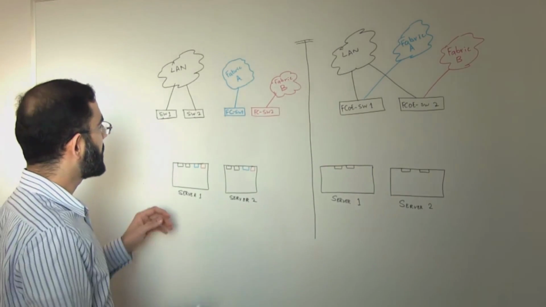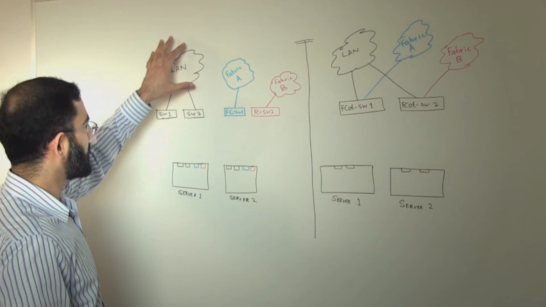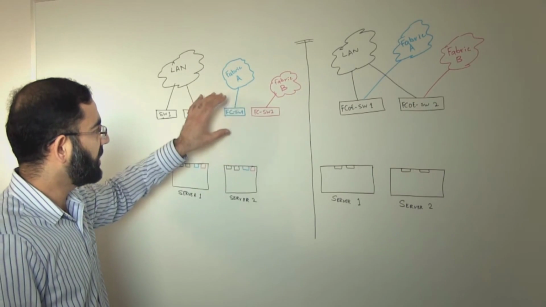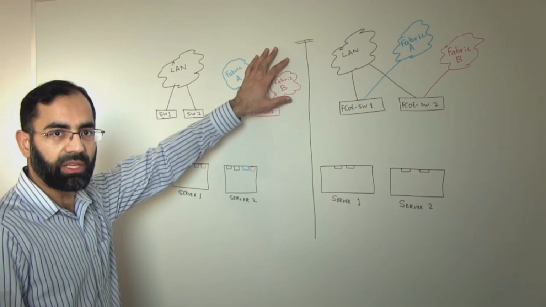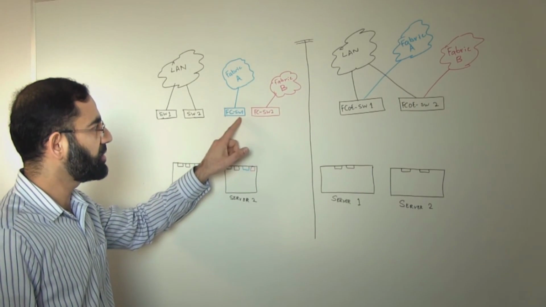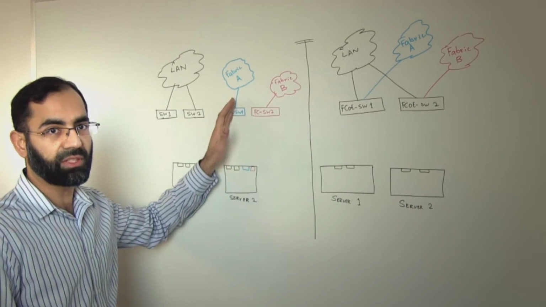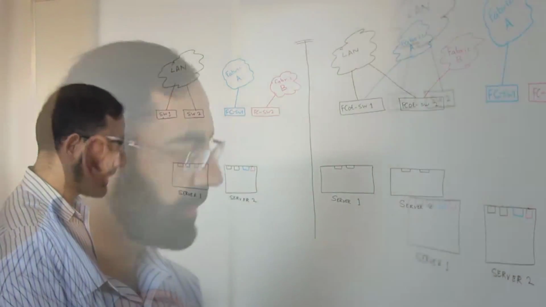So here are two servers, and then from LAN side you have two top of rack switches that are connected to a LAN cloud, and on SAN side you have FC switches that are connected to Fabric A and Fabric B. Once again, please notice that there is no connection in between these two, and these two networks, Fabric A and Fabric B, will continue to remain separate throughout.